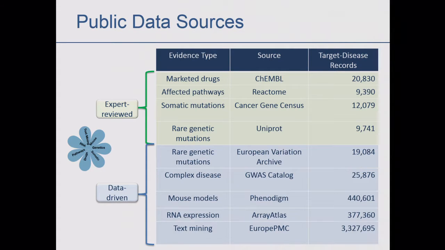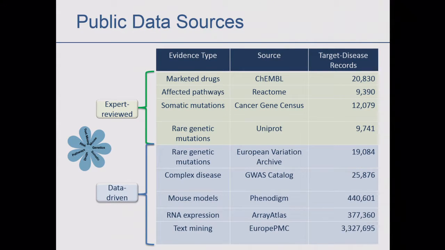We want later to expand that to get the full association signals, but at the moment, we're using the GWAS catalog. And we also take data from mouse models, where the PhenoDigm project has mapped the phenotypes from the mouse to the human disease profile. And RNA expression data on disease comparisons, and text mining, where we look for co-occurrences of the target and disease in the text from public literature.